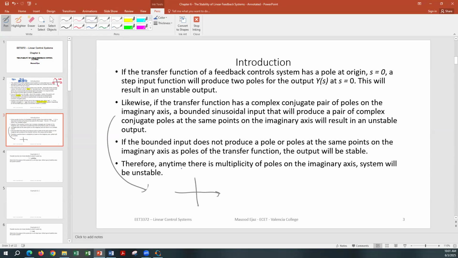So let's say you have complex conjugate poles j2 and negative j2 in the transfer function. The transfer function will have a numerator divided by one of the factors being s squared plus 4, which results in s plus j2 and s minus j2, 2 poles.